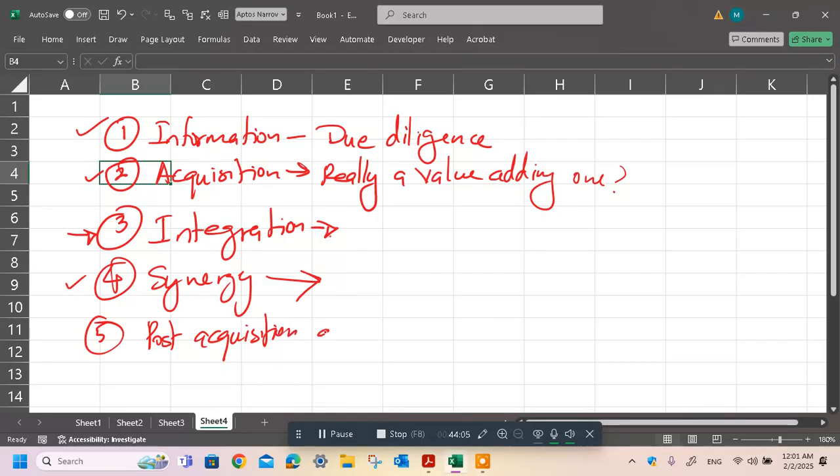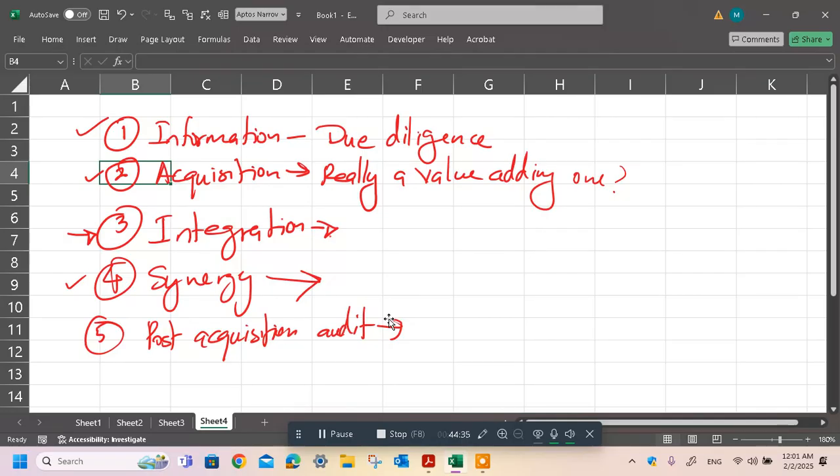Meaning, right after the acquisition, do an audit to see whether your assumptions were right, whether the latest forecast after the business combination, whether the new forecasts are in line with what you expected. Why? If anything is going wrong, if anything is going differently, you can take corrective actions faster, isn't it? So these are some methods to avoid failing in an acquisition.